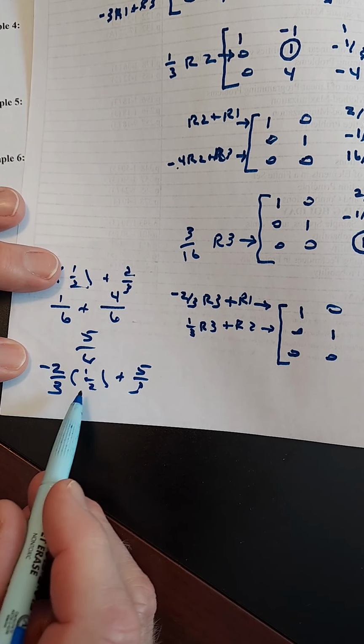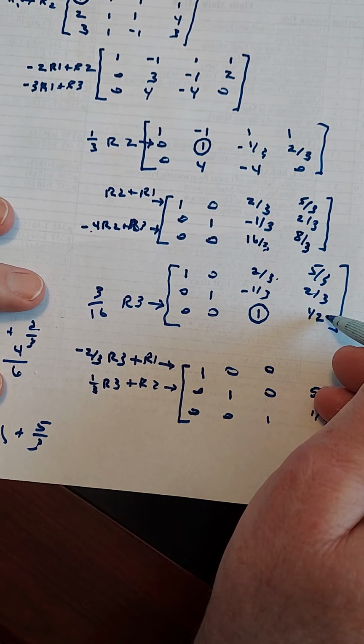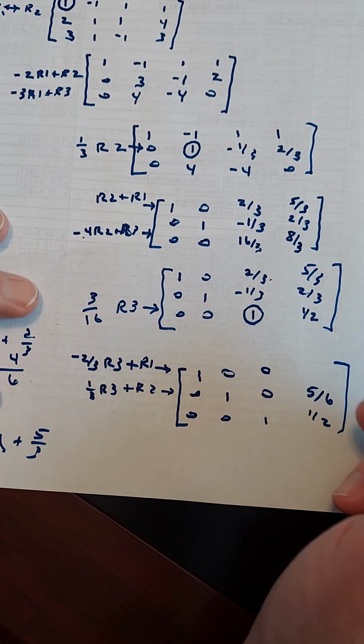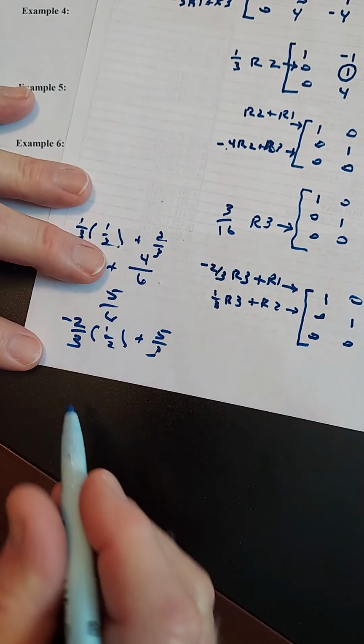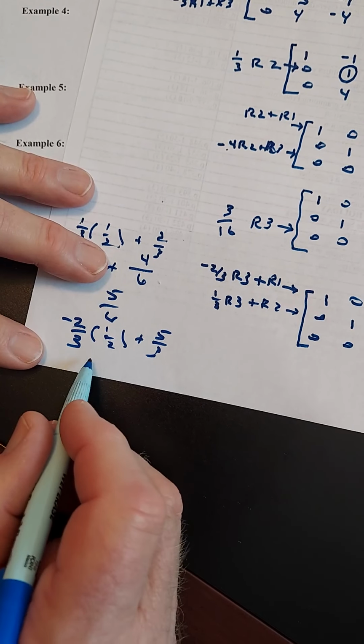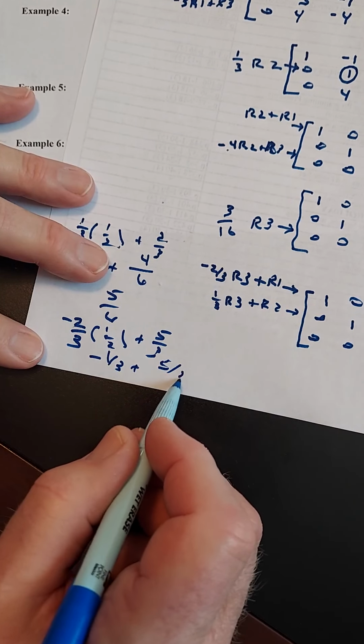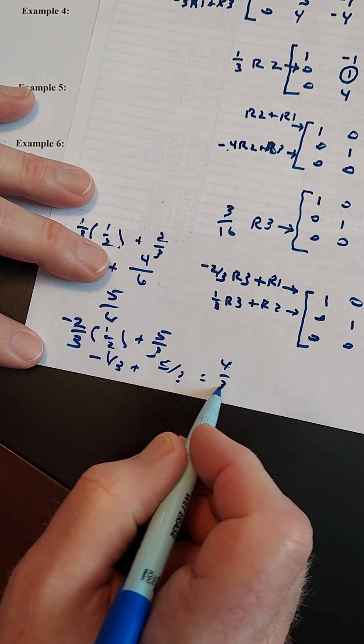Negative 2/3 times 1/2 plus 5/3. That's what I did here. Negative 2/3 times 1/2 plus the 5/3 on top. So when I do this, let's see, these 2's drop out. That's going to give you negative 1/3 plus 5/3, and that's going to be 4/3.